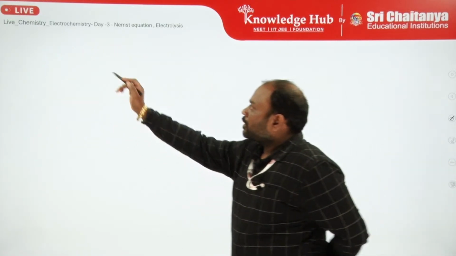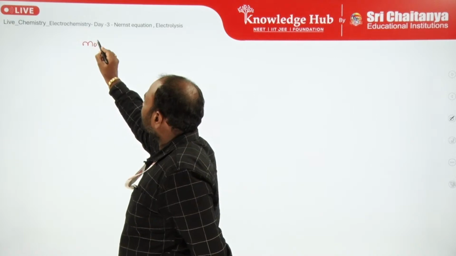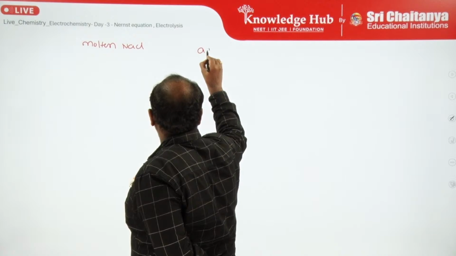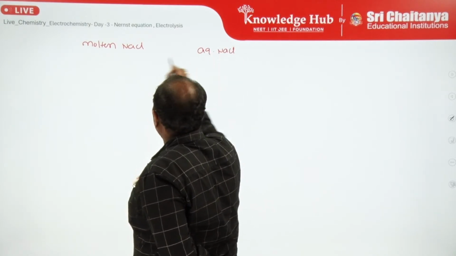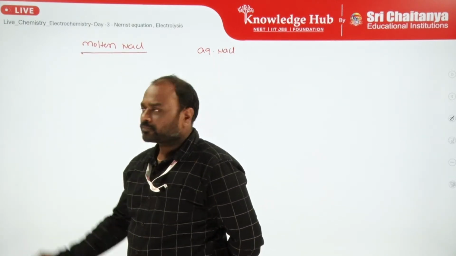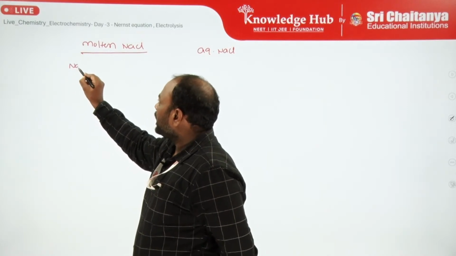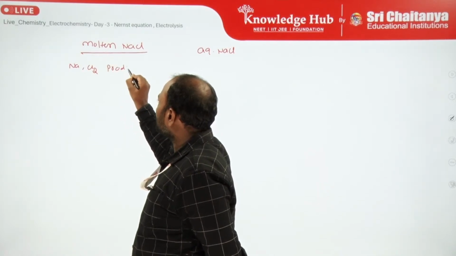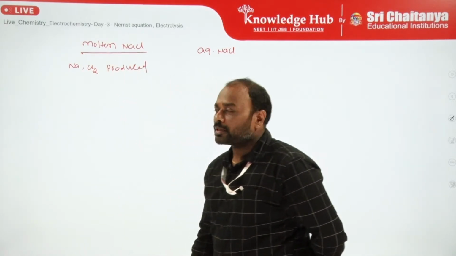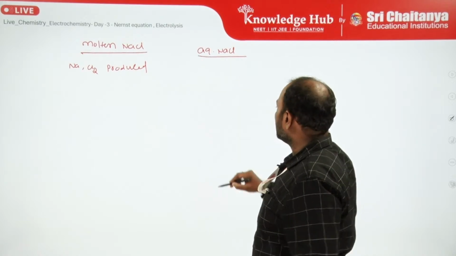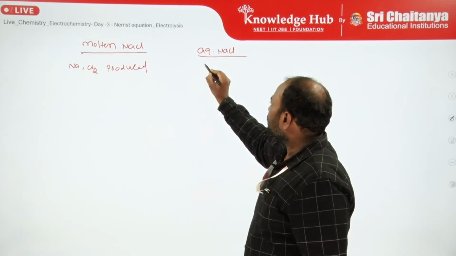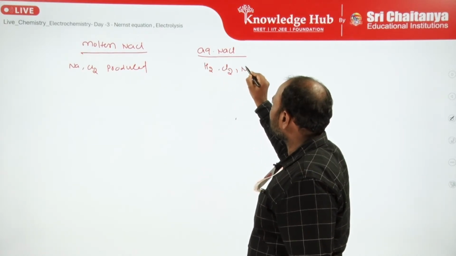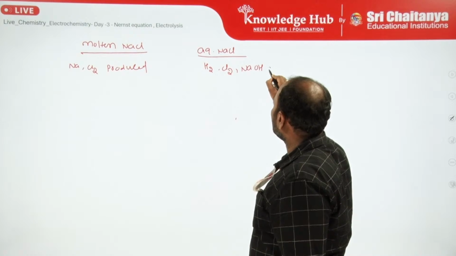See, molten NaCl and aqueous NaCl. What products do we get in molten NaCl? Sodium and chlorine are produced. But in aqueous NaCl, as on the previous slide, hydrogen gas is produced, chlorine gas is produced, and NaOH is also produced.